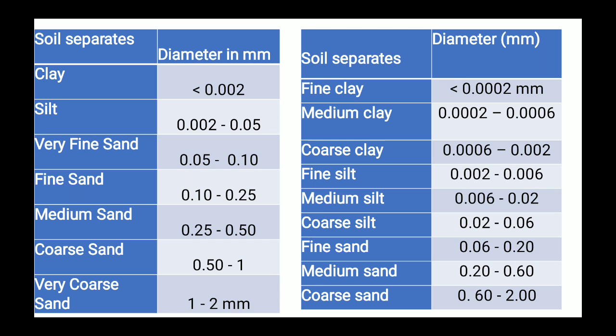These are clay, silt, then very fine sand, medium sand, coarse sand, very coarse sand. They have different diameters. The smallest is clay, with 0.002 millimeter diameter.